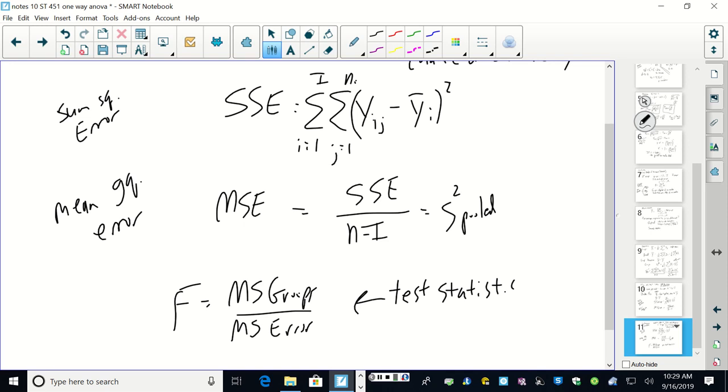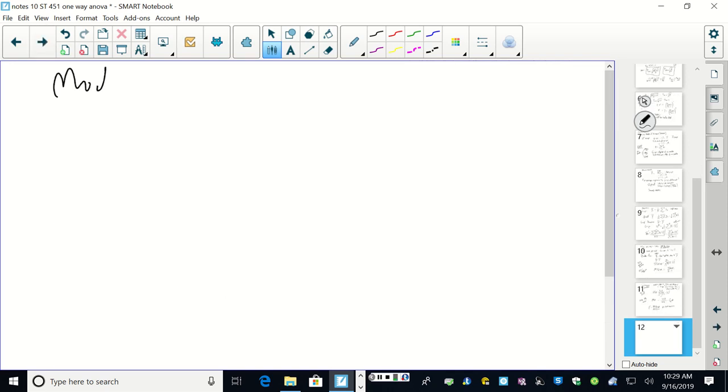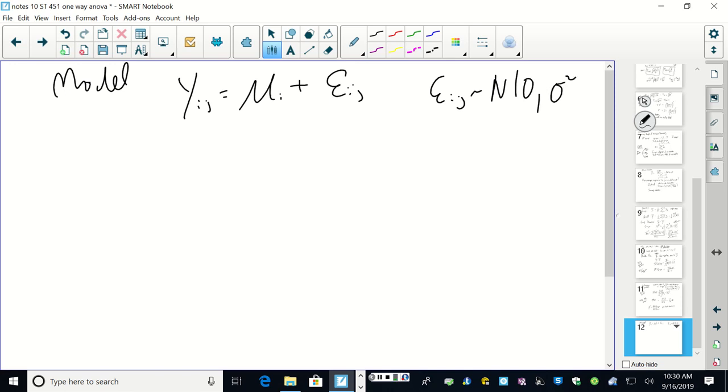So we have a model. For this, the model says that Yij has a group mean plus some random error. The Eij's are distributed as a normal distribution with some variance, and they're independent of one another.